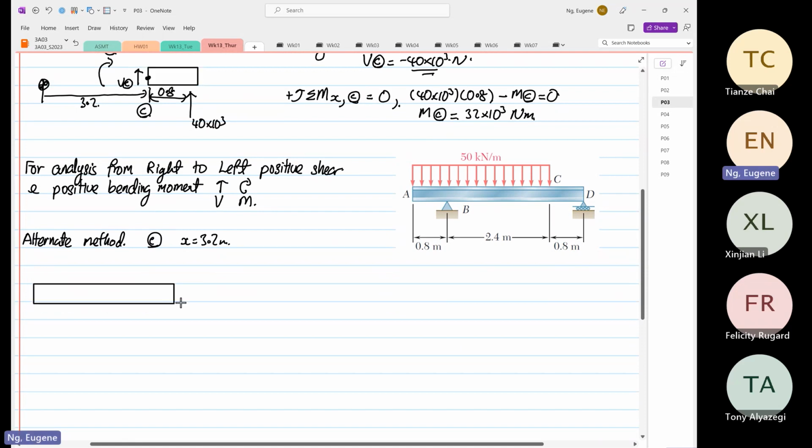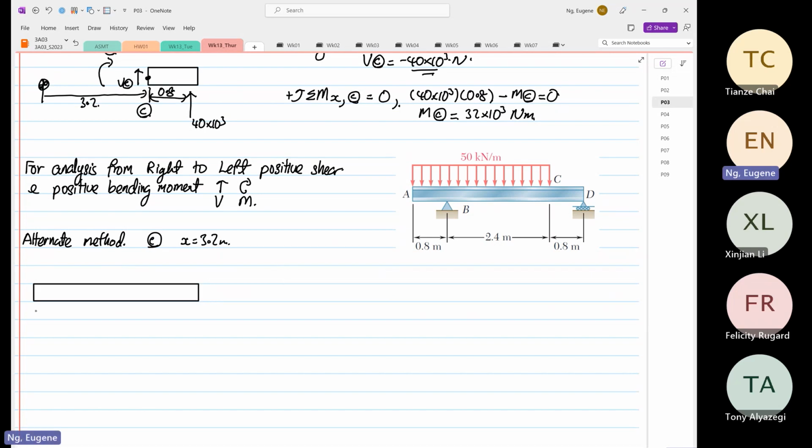So you have more points to consider now. Over here, this is your 120 times 10 to the power 3. And then you have your equivalent load down here, which is equal to 50 times 10 to the power 3 multiplied by a distance of 3.2. So this is 160 times 10 to the power 3.